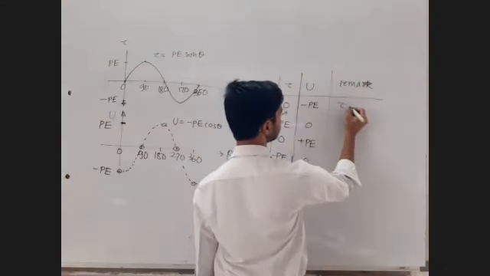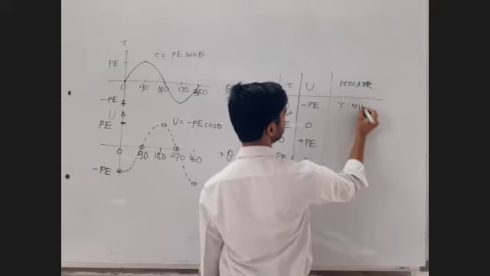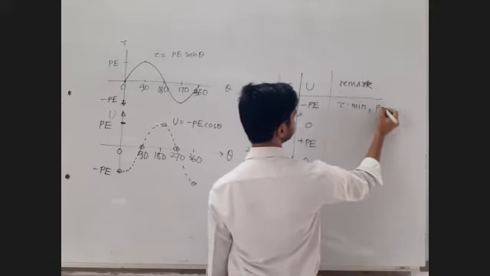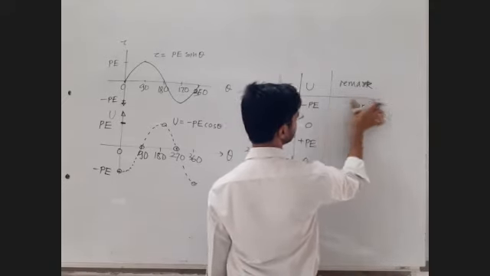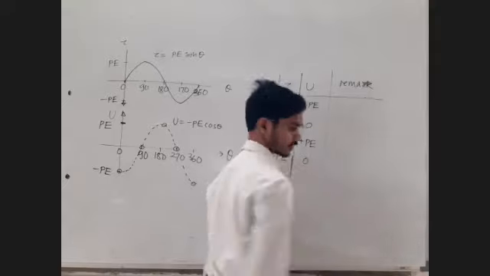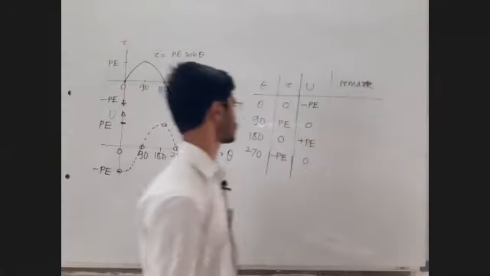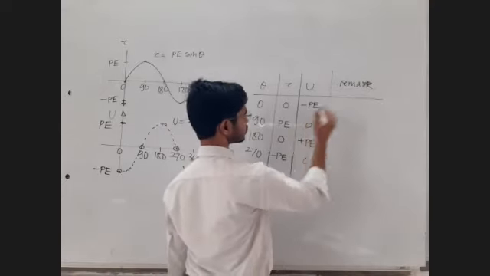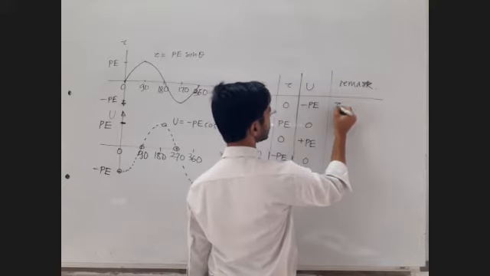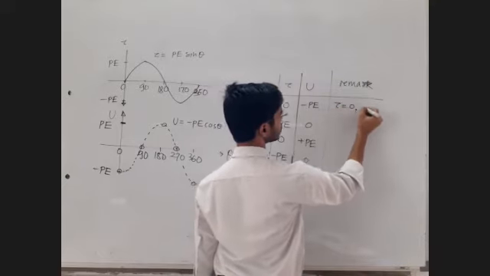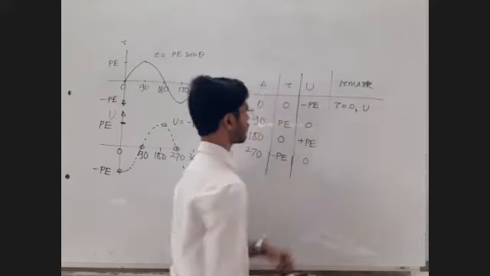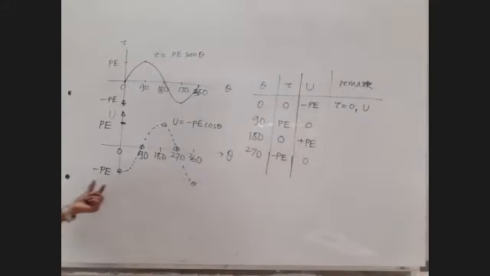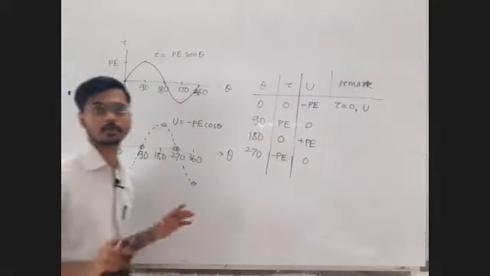For torque, we should not write minimum or maximum, rather 0 and non-zero we shall write. Here torque is equal to 0 and potential energy is minus P, which is the lowest possible potential energy.